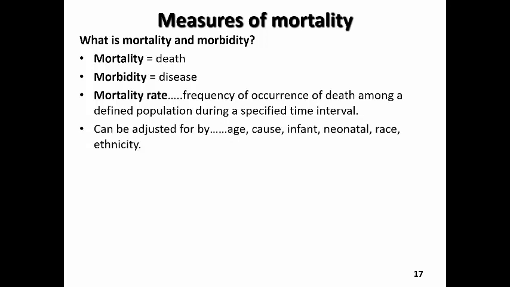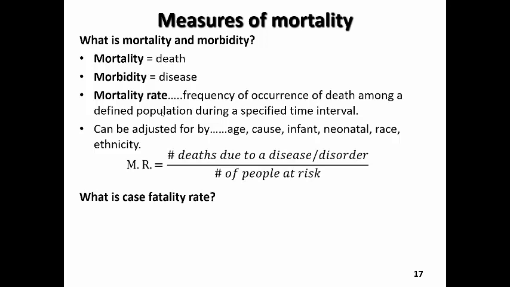Mortality rates are usually adjusted based upon age, the cause of death, infant mortality, neonatal mortality rate, and can be adjusted by race or ethnicity. So the calculation of mortality rate is usually very specific, as it points to the disease or condition that is being tracked.